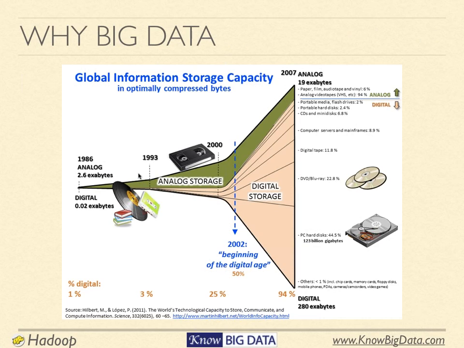So analog data did not expand too much. It actually became lesser day by day. But digital data started exploding, meaning a lot of digital data people started storing after 2002. And that's when we call it the beginning of the digital age.